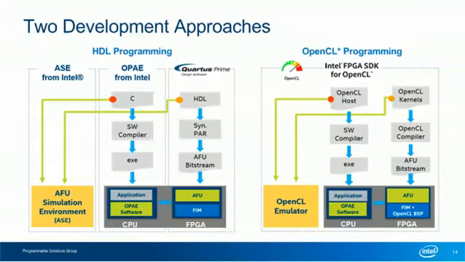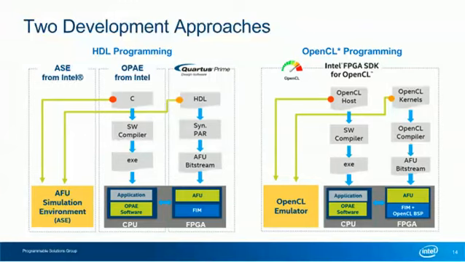The RTL and OpenCL flows for the acceleration stack are described in more detail here. The RTL programming tool flow is shown on the left. FPGA IP development uses the same Intel Quartus Prime tool as traditional FPGA development. On the software side, Intel Acceleration Engine with OPAE technology from Intel is used for software programming of the CPU.